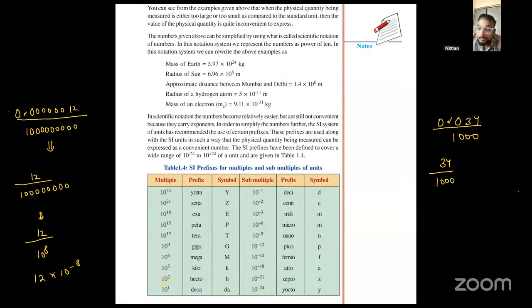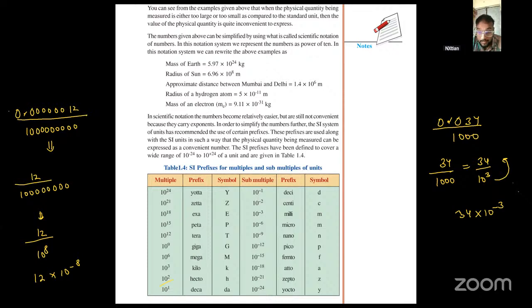Now, 34 upon 1000 can be written as 34 into 10 to the power 3, because 3 zeros are there, so that's why I make the power 3. Now, when this 10 to the power 3 goes to the numerator, the positive power will become negative power. So it will become 34 into 10 to the power of minus 3. Understood, beta?